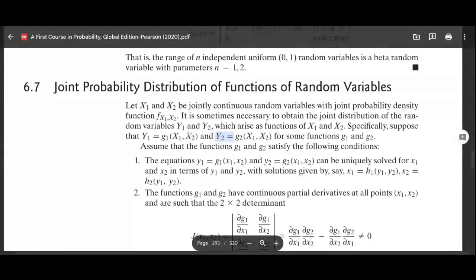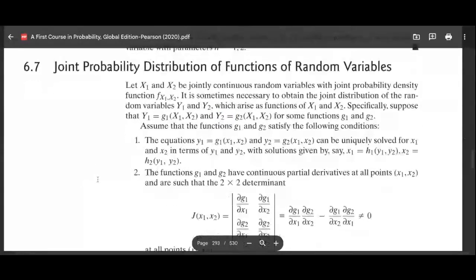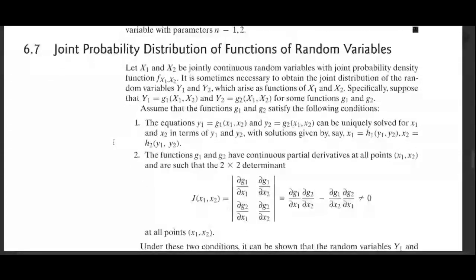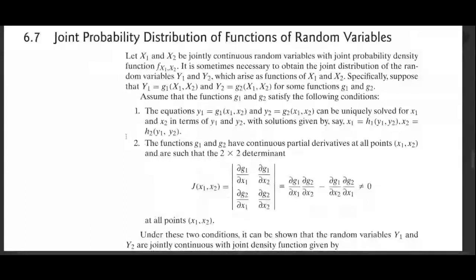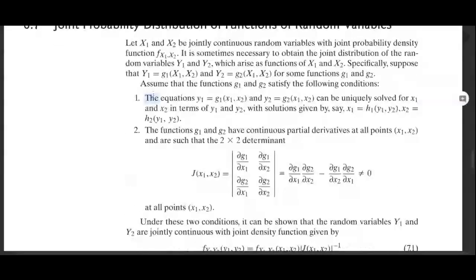So you see the similarity with when we talk about vector calculus, right? So basically we form a map from the plane of x1, x2 to the plane y1, y2. You could think that way. Assume that the functions g1, g2 satisfy the following conditions. Okay, so we do have some conditions to know.